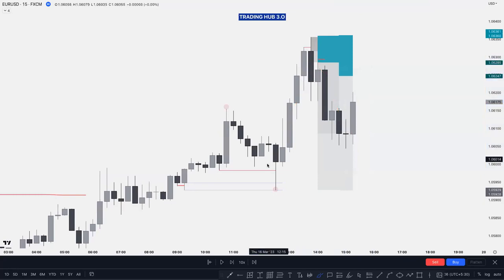So if the market is bullish and has taken out the previous candle low on the 15-minute time frame, then you can buy on a 1-minute order block refinement. If the market is bearish and has swept the previous candle high like this, then you can sell.